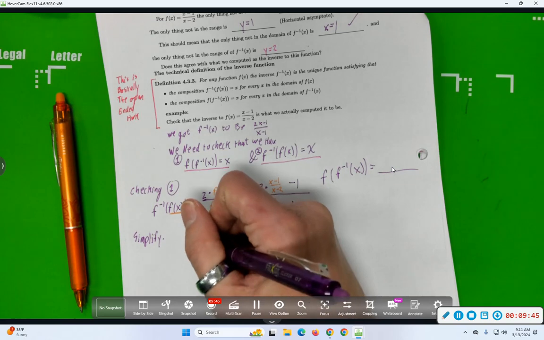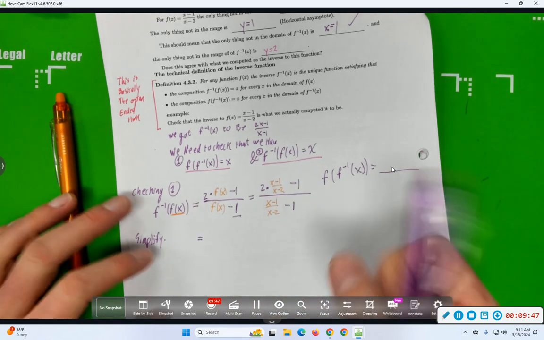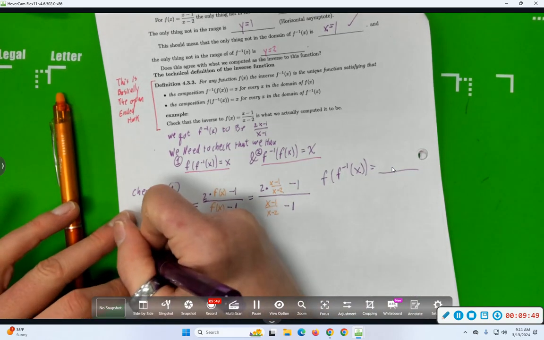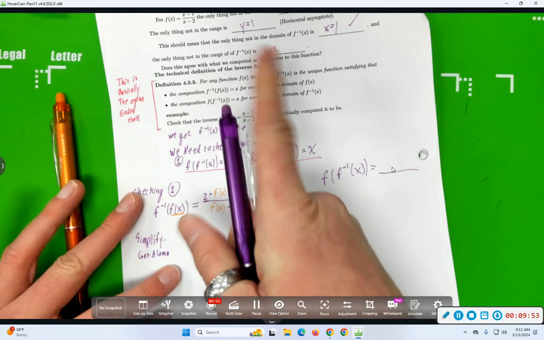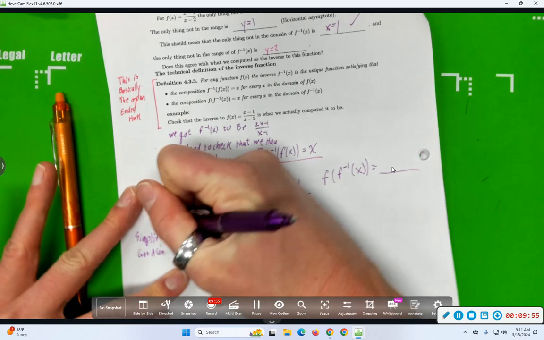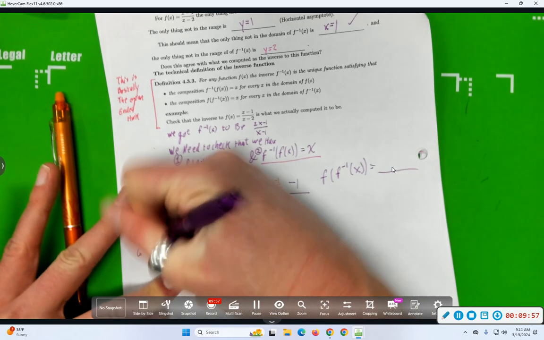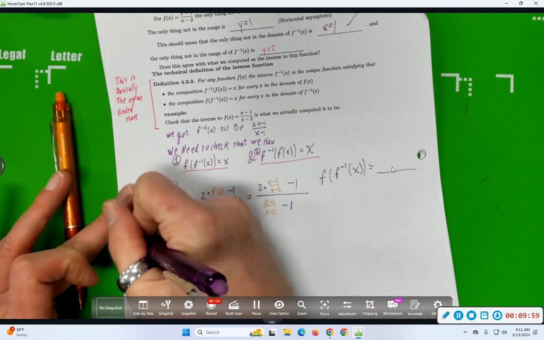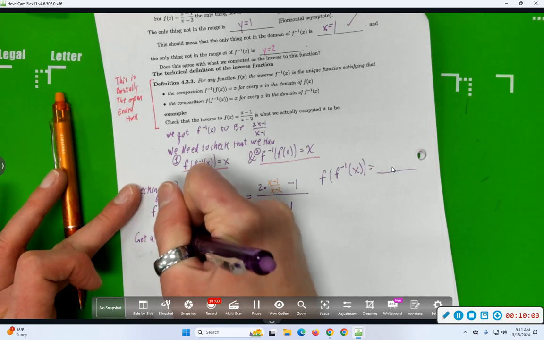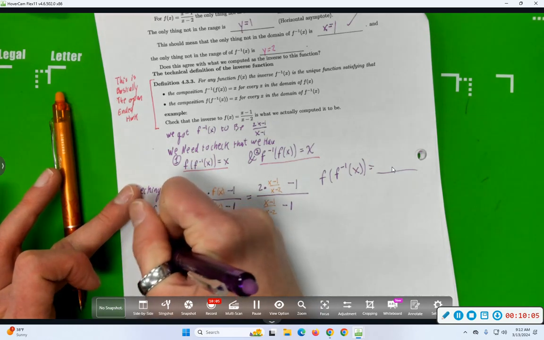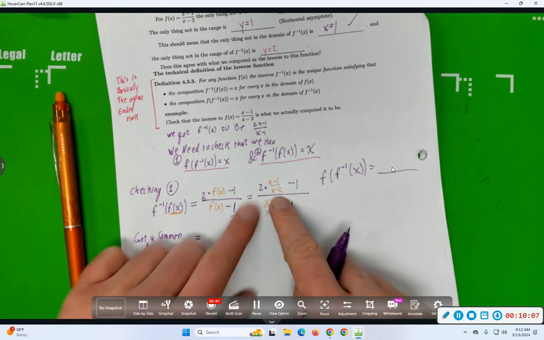In doing that, let's say explicitly what's happening. Get a common denominator. And maybe also distribute this too.